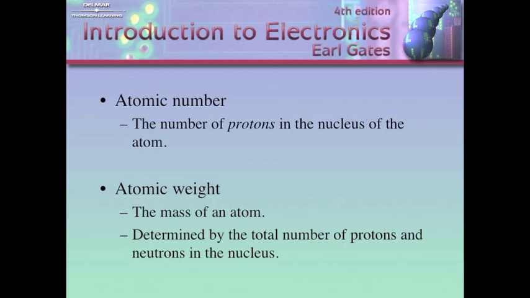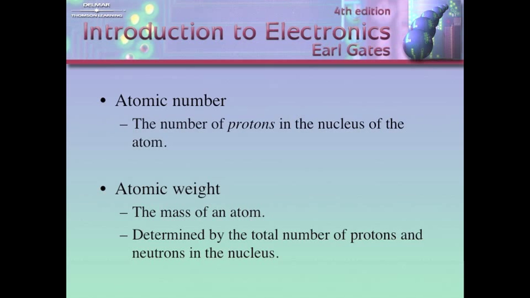A couple of the numbers that you need to be familiar with. One is the atomic number. Atomic number is the number of protons in the nucleus of an atom.